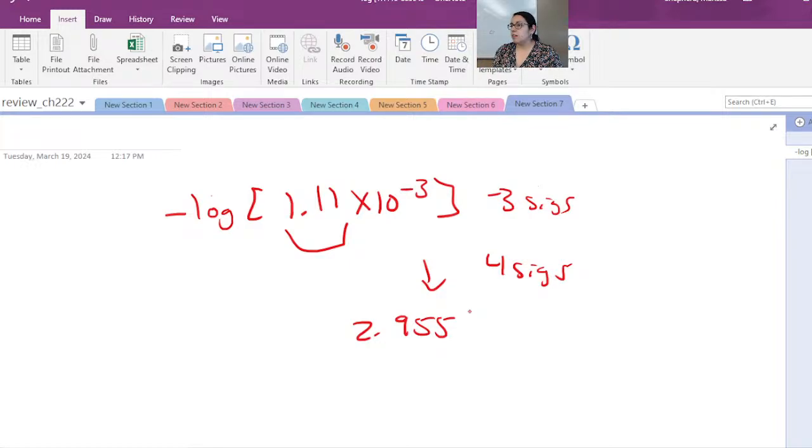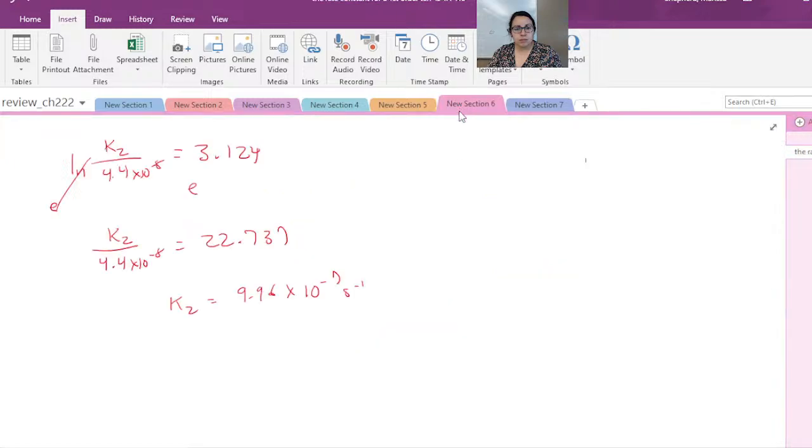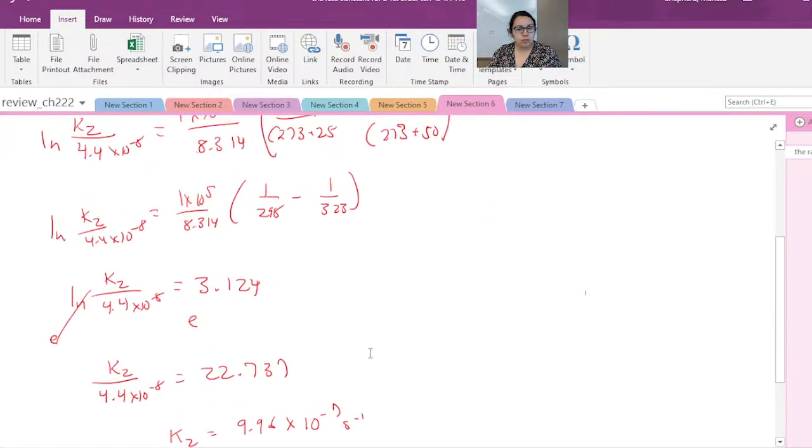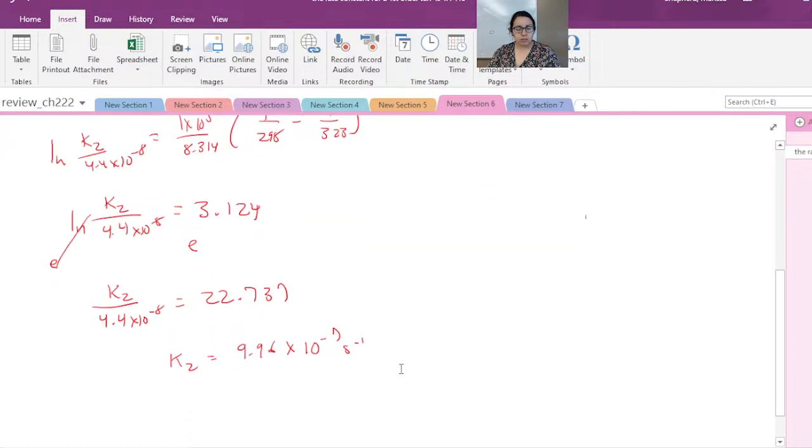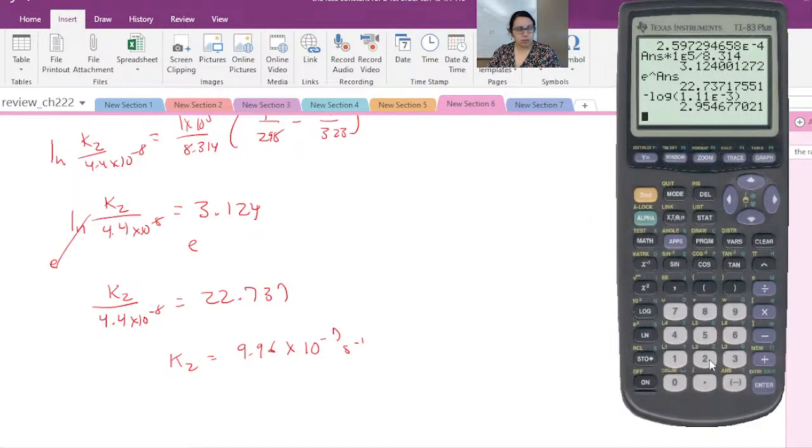The one you just did, I don't know if I'm doing it wrong, but I didn't get the 9.96 answer. Don't you multiply the 22.737 times the 4.4 times 10 to the negative 8? I got 1.0004 and a bunch of numbers times 10 to the negative 6. Yep, that's the same, rounded, right? Yeah, I started with a 1 and now I started with a 9.